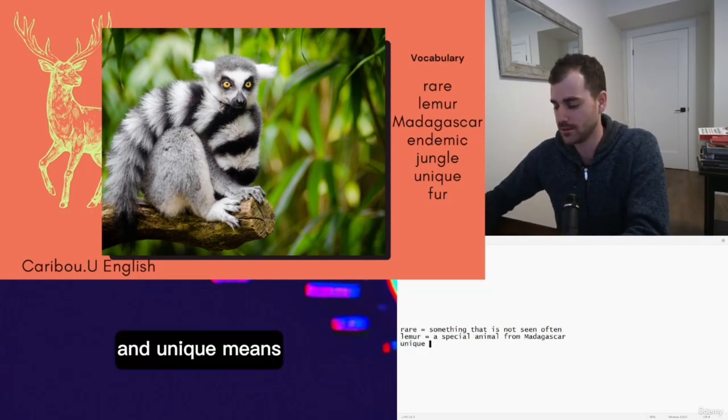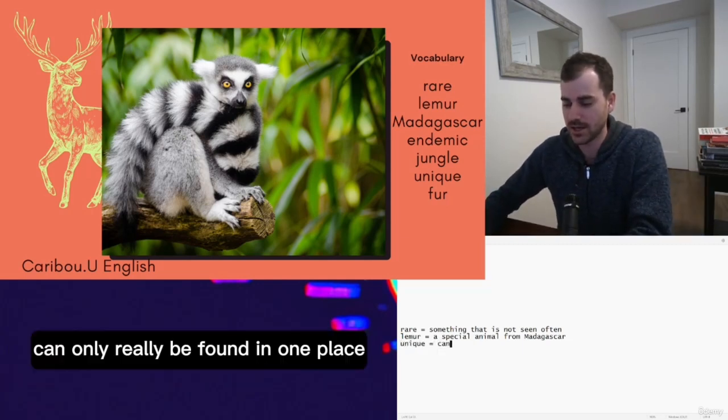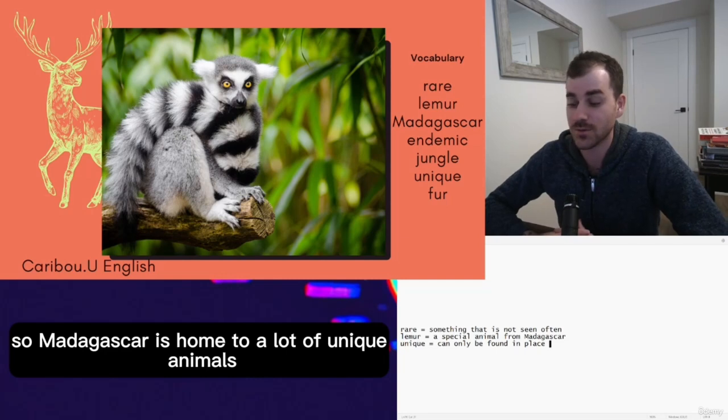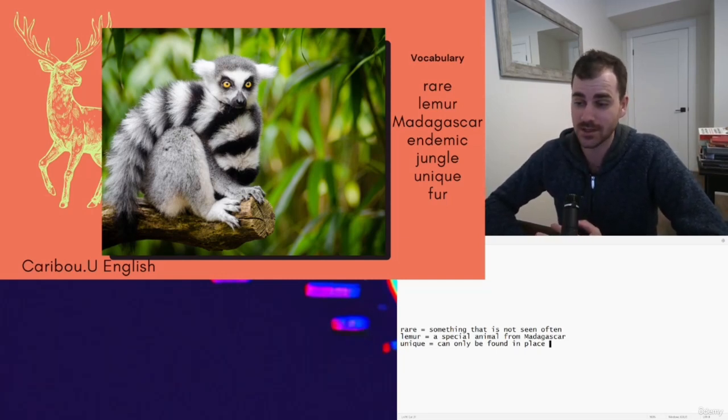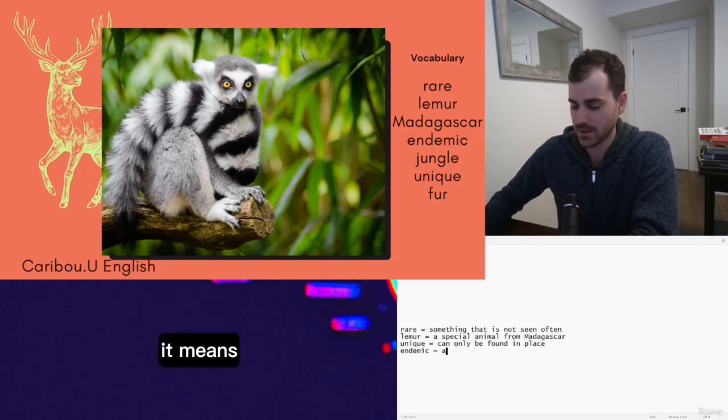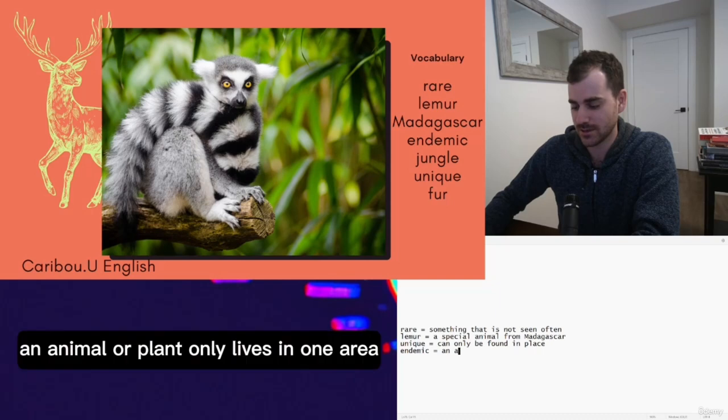And unique means can only really be found in one place. So Madagascar is home to a lot of unique animals, such as lemur. And another word, endemic. It means an animal or plant only lives in one area.